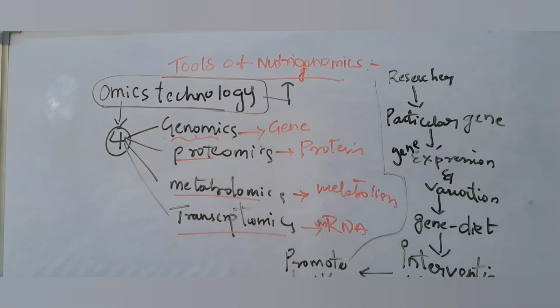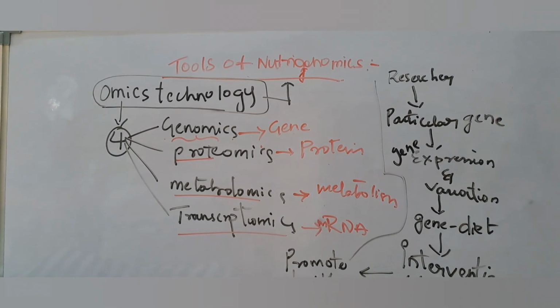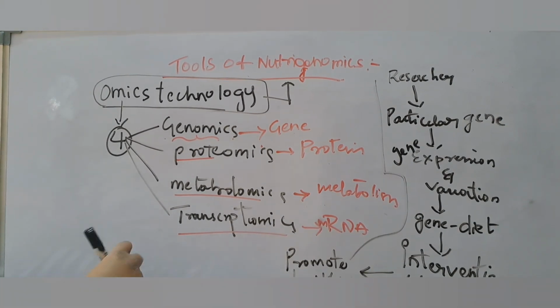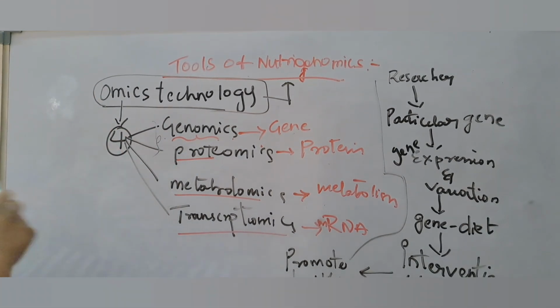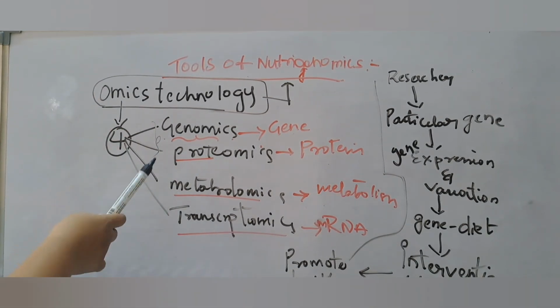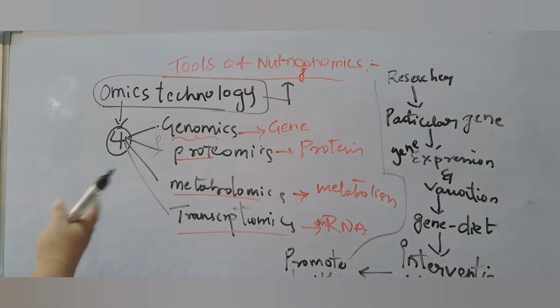So this is the omics technology, where the same analysis goes for genomics, proteomics, metabolomics and transcriptomics. In the question paper, for a long answer they may ask you to write about genomics and proteomics, or proteomics and metabolomics, or transcriptomics and genomics. We don't know how they will ask.